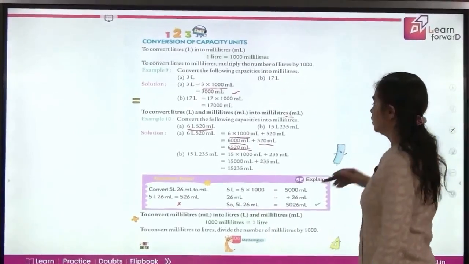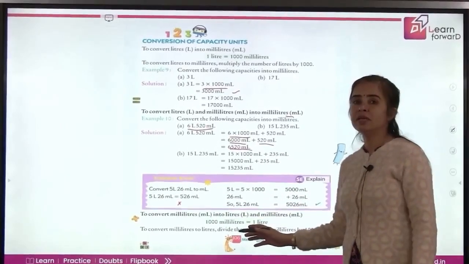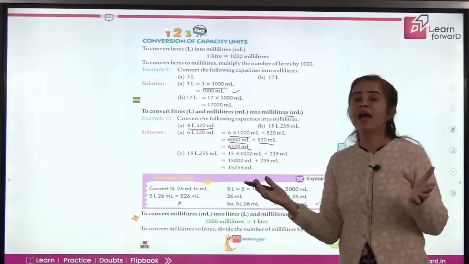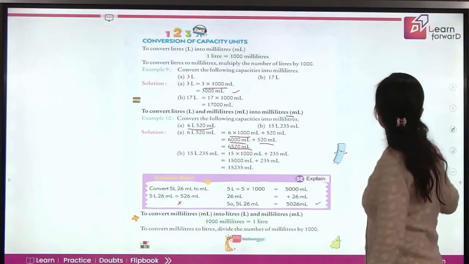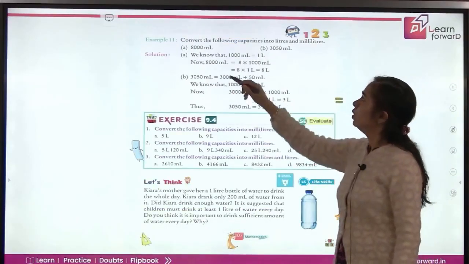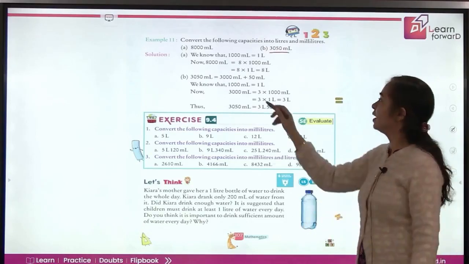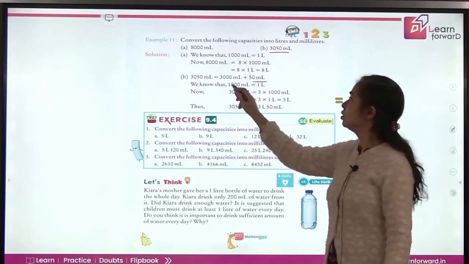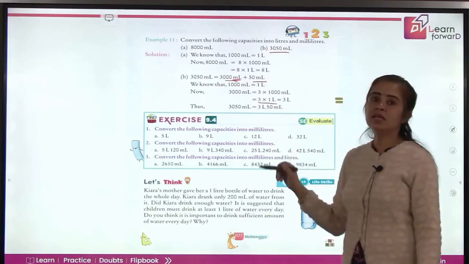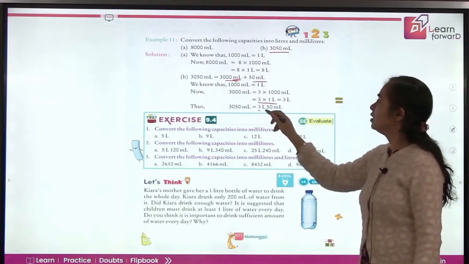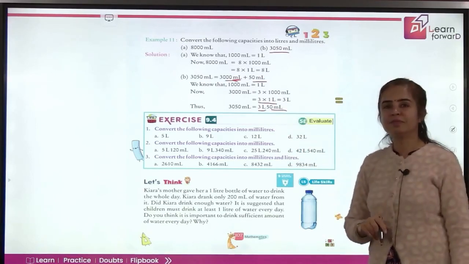If you have to convert milliliters into liters and milliliters, again split them as thousands, right? So if you have 3050 milliliters, 3000 plus another 50 milliliters. So 3000 milliliters means 3 liters, and you have 3 liters, 50 milliliters.